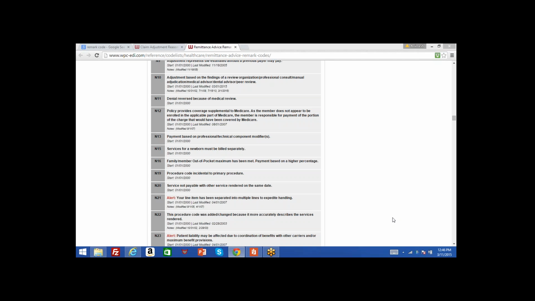Then create a new crosswalk for those messages based on the recommendation from the claim team on what message is more appropriate to send out on the 835 side. That is the kind of analysis the analyst has to do and complete. So this is all about your 835 transaction.